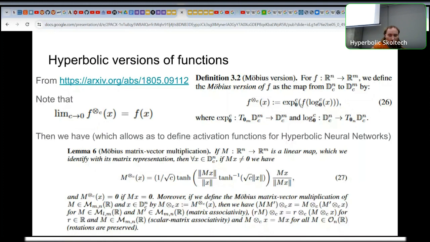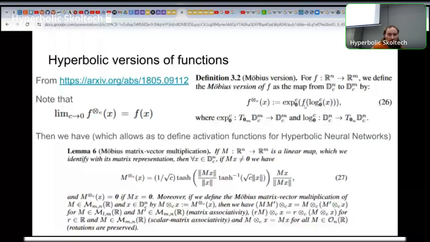So, exponential mapping of f that is taken from logarithmic mapping from x. So this is a Euclidean thing, this is also a Euclidean thing, and this exponent takes us to the hyperbolic thing.